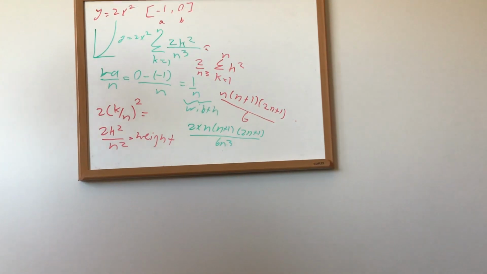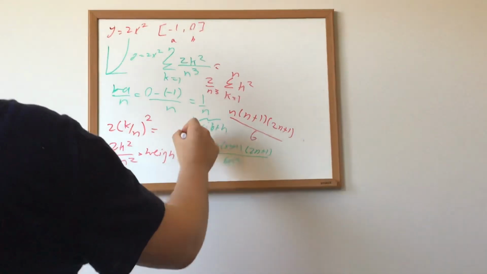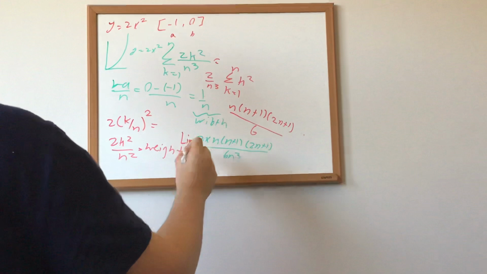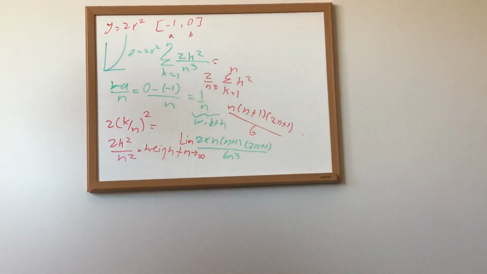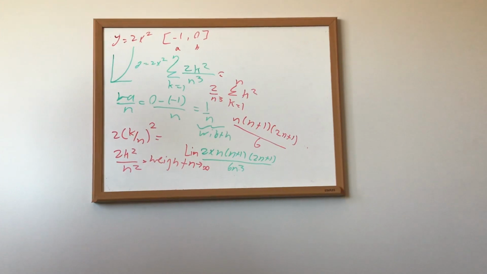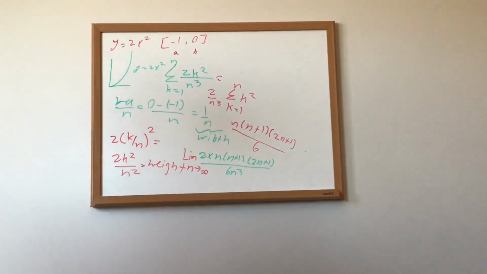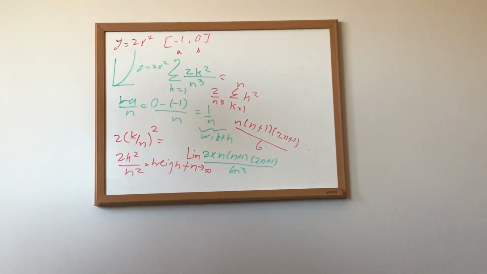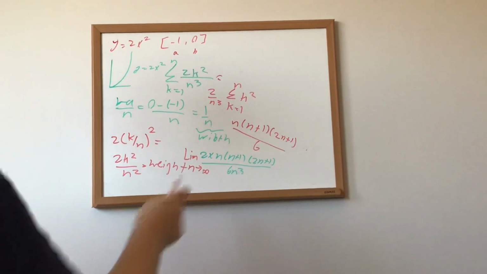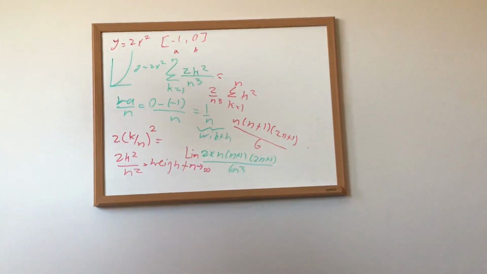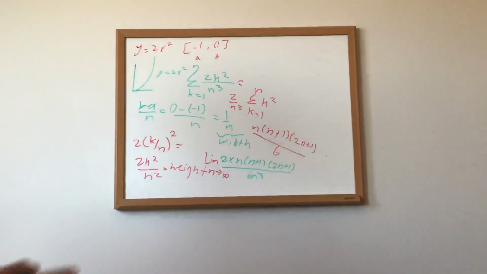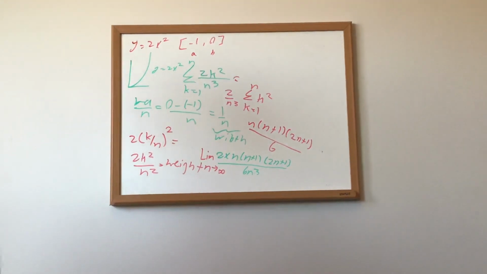Now, the final step is that we take the limit of this final expression as n approaches infinity. For limits at infinity, we are working with the highest degrees. So if we simplify this, we get 2n squared and then 2n cubed times 2, we get 4n cubed and the rest of the expression over 6n cubed.